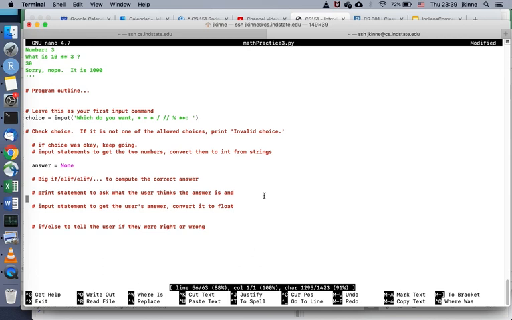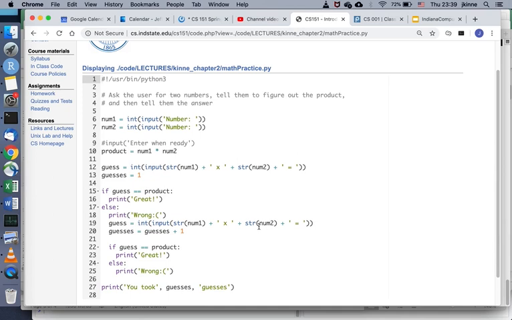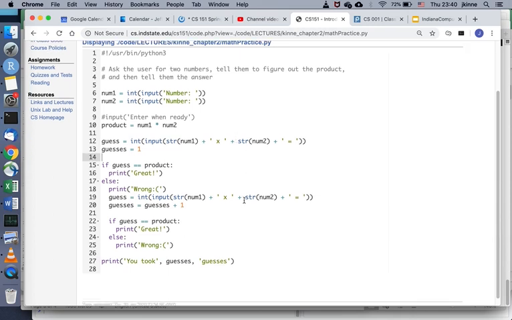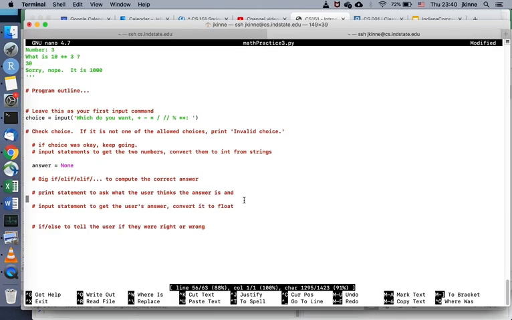And remember, you have the math practice program from class over here. This is an example of printing number times something equal. That's one way to do it, and we had another way to do it in the H2 homework assignment. All right, and then we have an input statement to get the user's answer, and then another if at the end to check whether it's right or wrong.